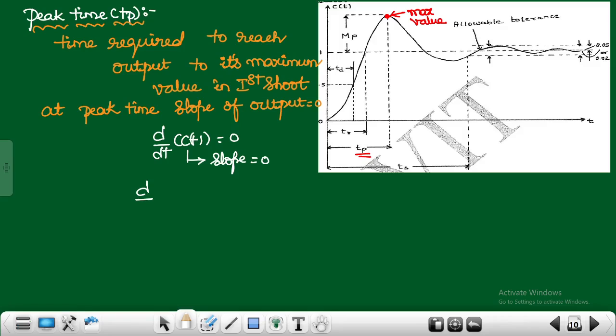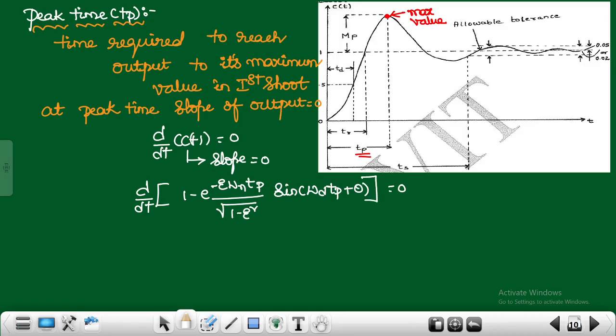So let us take that slope: d by dt of 1 minus e to the power of minus zeta omega n t by under root of 1 minus zeta square sine of omega d t plus theta, at t equals Tp, equals 0.